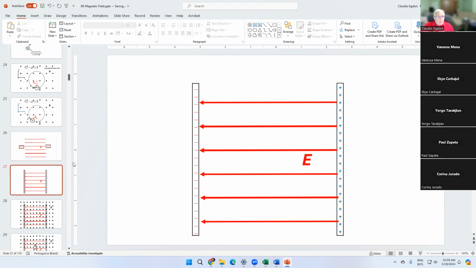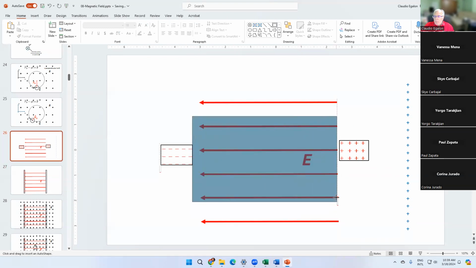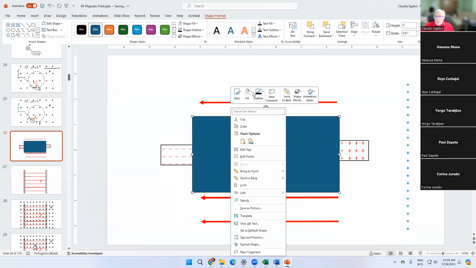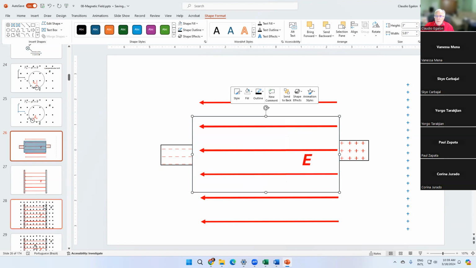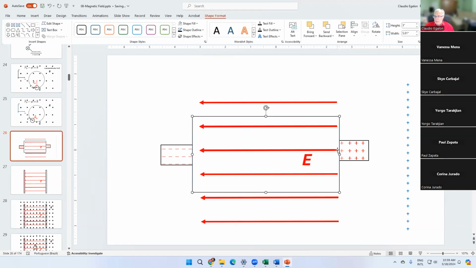We must have a container here, a glass container, right? So no fill. Because we have a power supply connected to those two electrodes, we have an electric field from the right to the left.